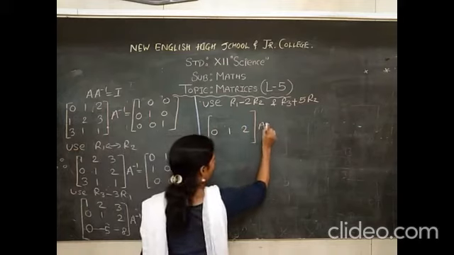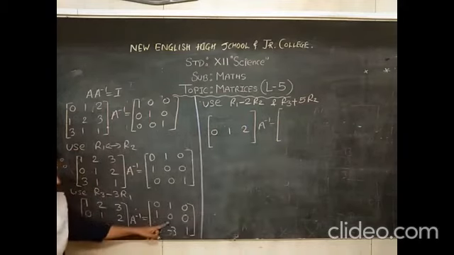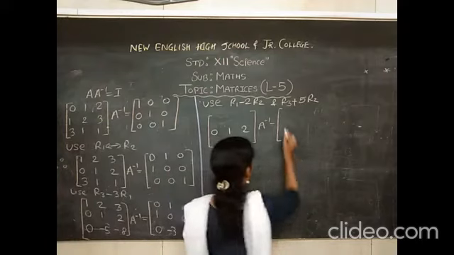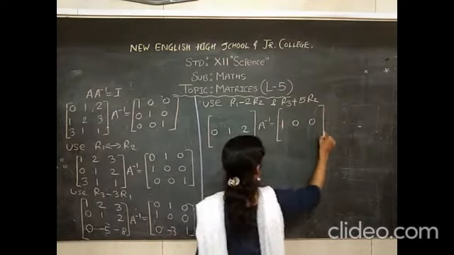Into A inverse equals to, in this case also, the matrix on right side of equal to, 1, 0, 0, no change.